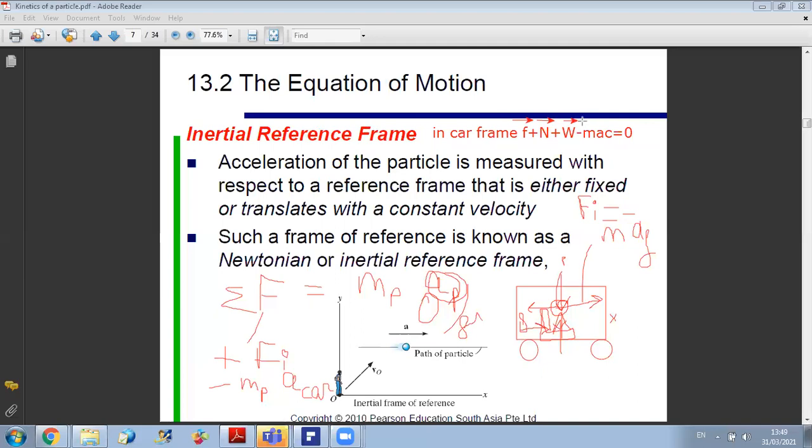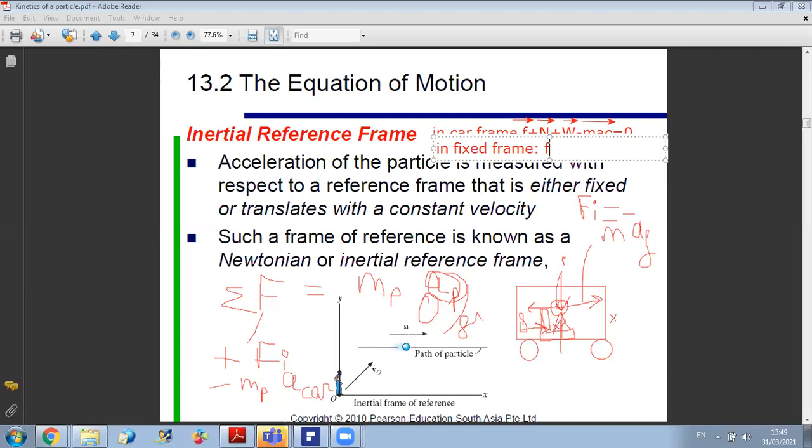So this is my vectorial relation in the frame of the car. Now if I want to write this relation in the absolute frame, so if I am looking from outside and I want to determine the force of the Newton law on the occupant, then in the fixed frame I will write the following. First, since the fixed frame is an inertial frame, I don't add the inertia force.